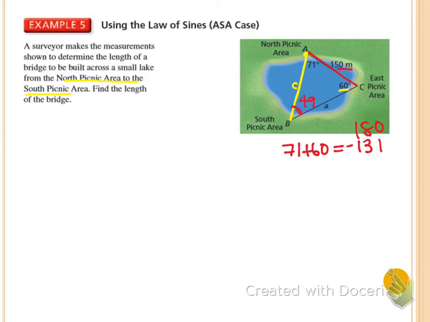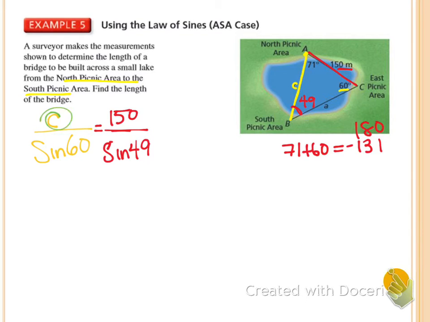So we're going to set up a proportion using the law of sines. Side C over sine of 60, and we're going to set it equal to 150 over sine of 49 degrees. Again, the reason you want that missing value in the top is because all I have to do to get it by itself is multiply both sides by sine of 60.